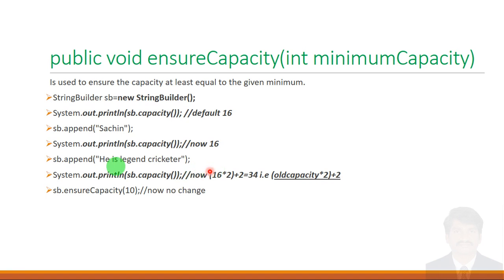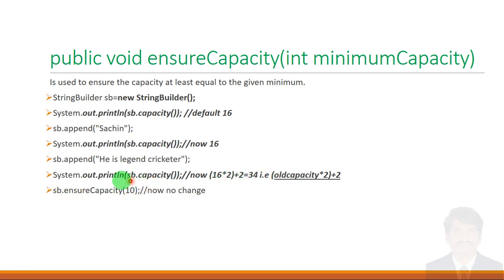Now if you call ensureCapacity of 10, guys, remember what this method does: it is giving the instruction, hey StringBuilder, make sure that you have this much capacity. That is, you should have a minimum capacity of this. It already has capacity 34, right?